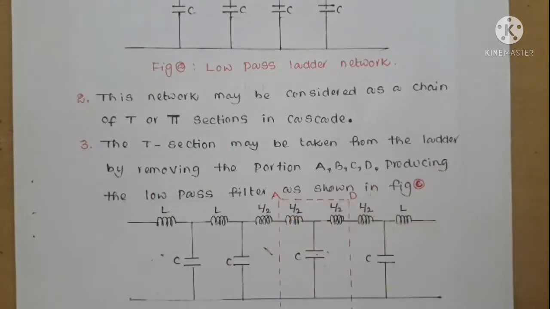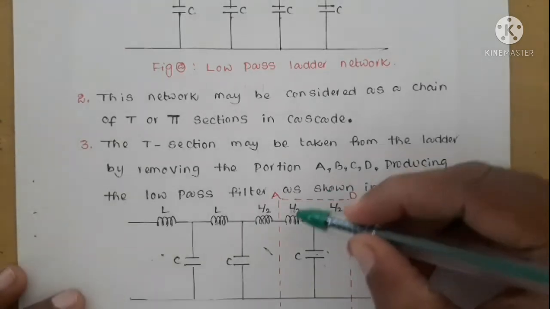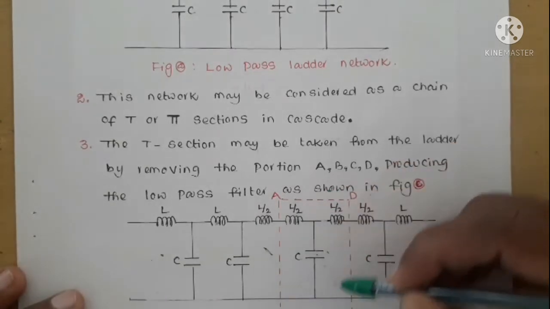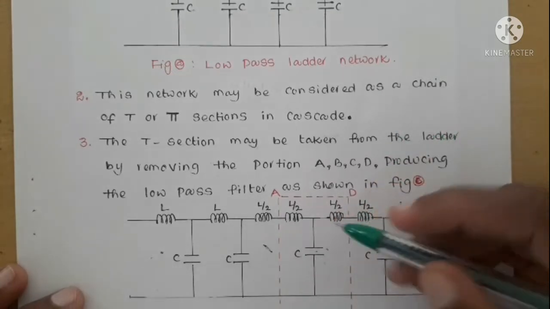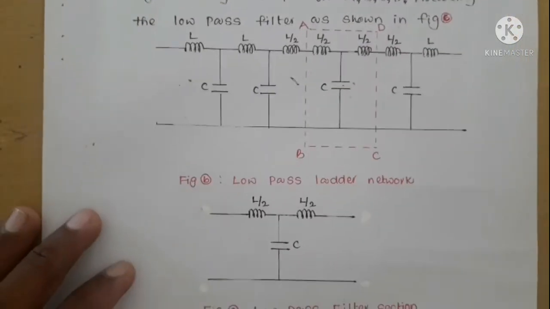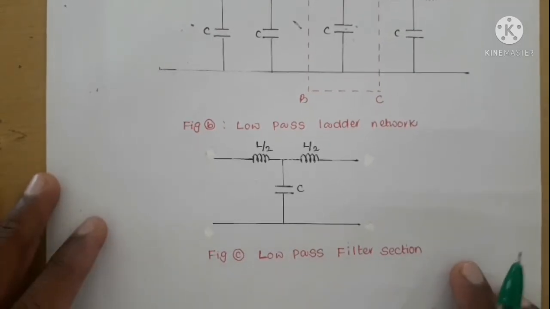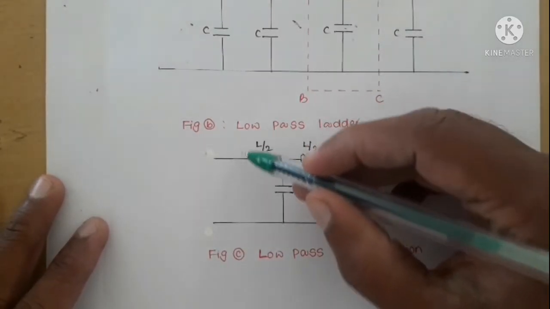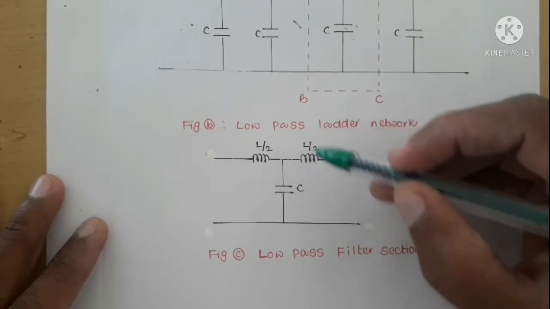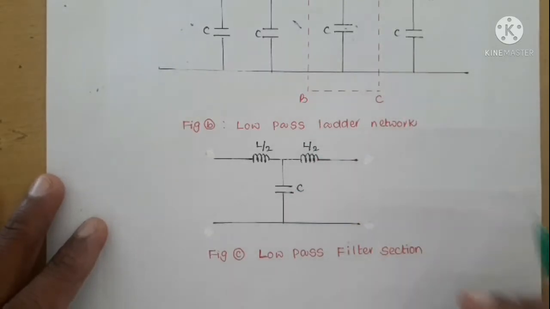If we take out one section, that is called a low pass filter section. This low pass filter section has two inductors whose values are L by 2 and L by 2, and the capacitor value is C.